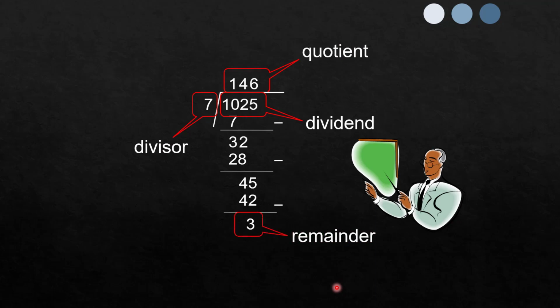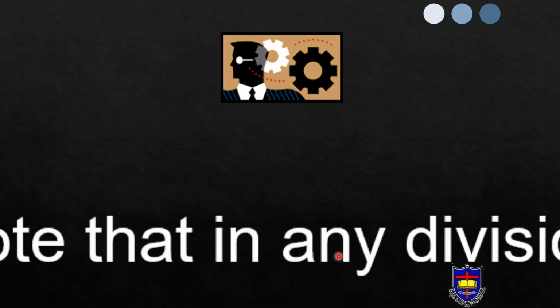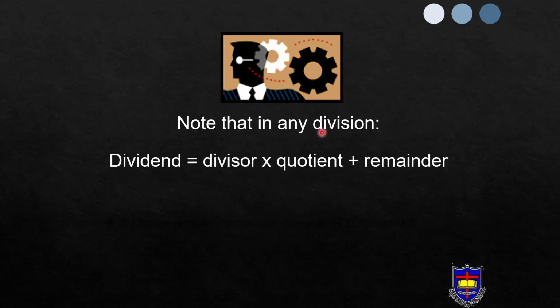The result of the division may be stated as 1025 is 7 times 146 added by 3. So, note that in any division, the dividend will always be the multiplication of the divisor and quotient added by the remainder.